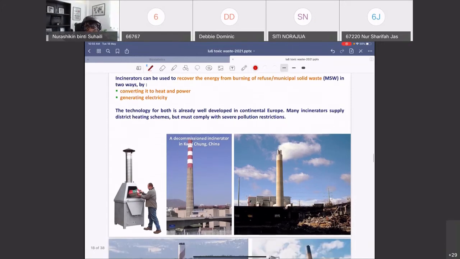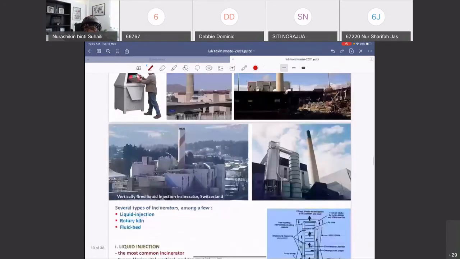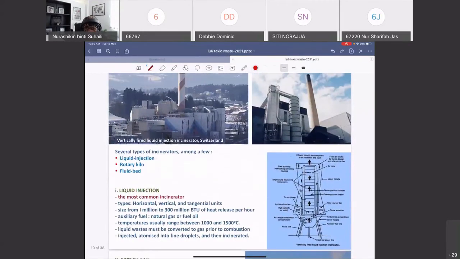Here are examples of the equipment or facilities for incineration. This is just to introduce you to several types of incinerators. Incinerators are the equipment used for incineration processes.